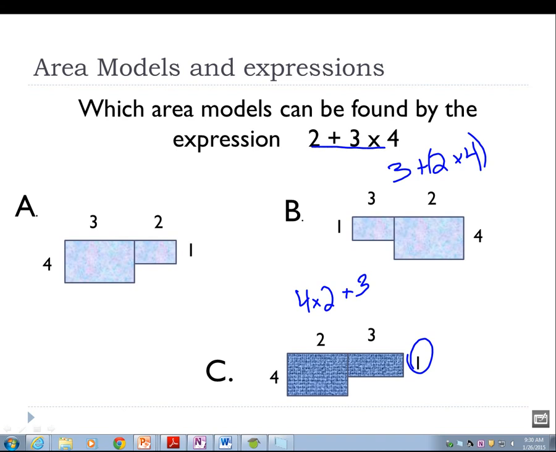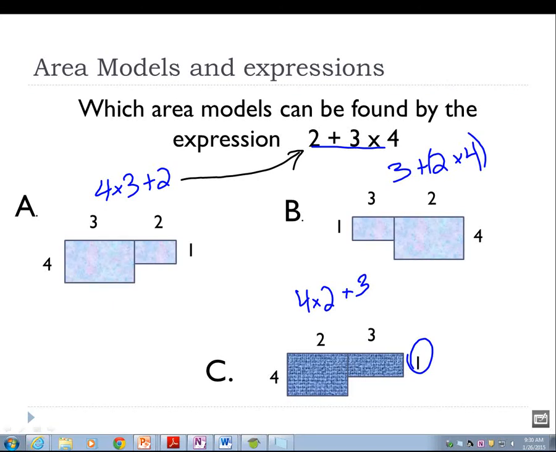How about this guy over here, A? Brooke? 4 times 3 plus 2 times 1. And I don't need that times 1 there because I know that's 2. Now, the way that Brooke just said that, that looks a lot like this, but it's not the same, is it? Okay?